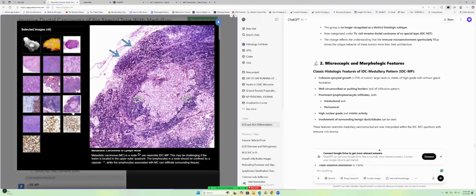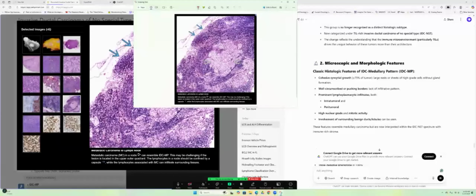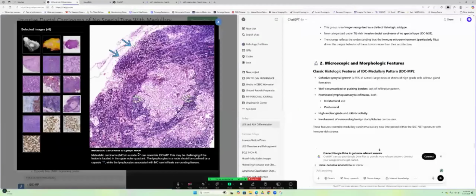What's the difference here now? A node is confined by a capsule. The lymph node is covered by a capsule, but in the breast, with the medullary features, there's no capsule. Like here, you see the capsule of the lymph node.